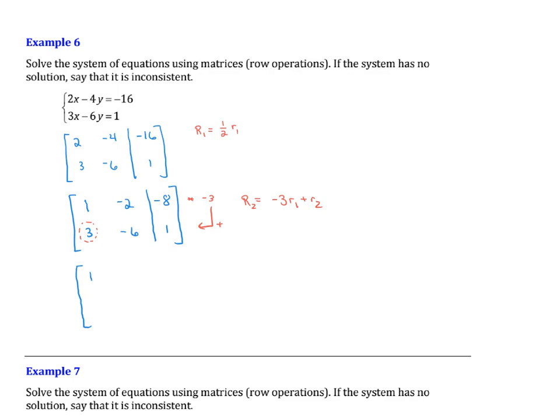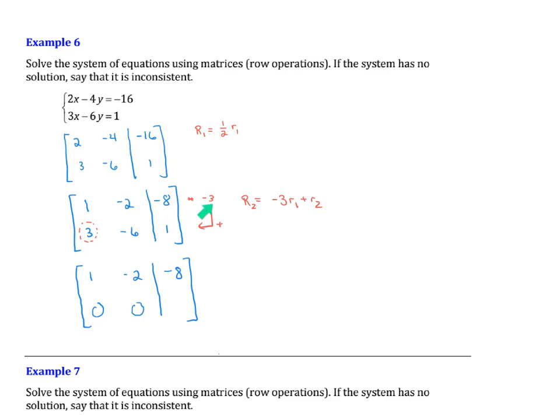So we have 1, negative 2, negative 8, does not change. Then we have 1 times negative 3 plus 3 is our 0. Negative 2 times negative 3 is 6 plus negative 6, well, that's also 0.